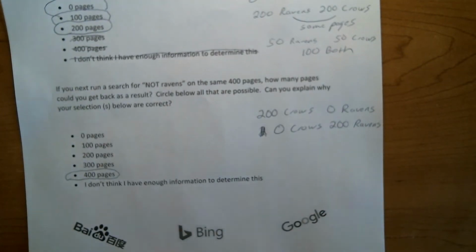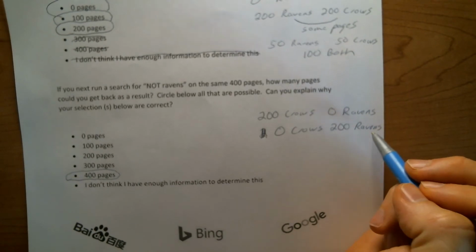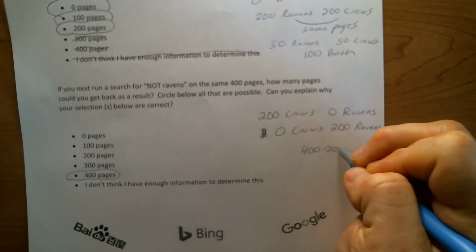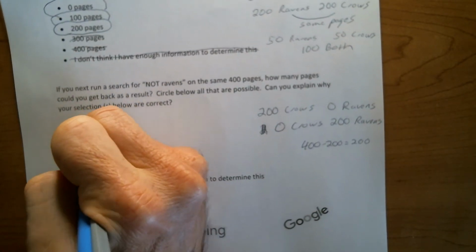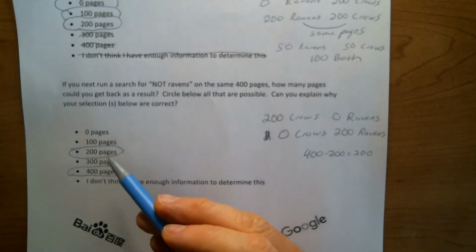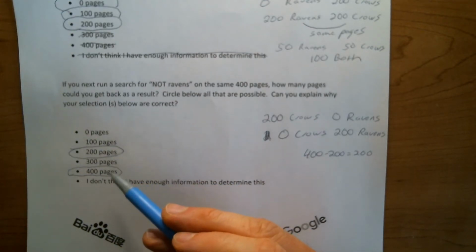Well, now if I run a query that says not ravens, there's 200 that have ravens, so that means there's only going to be 200 left. 400 minus 200 equals 200 that are not ravens. So by looking at the two extremes, we can see that we can get 200, we can get 400, which probably means we can get 300.